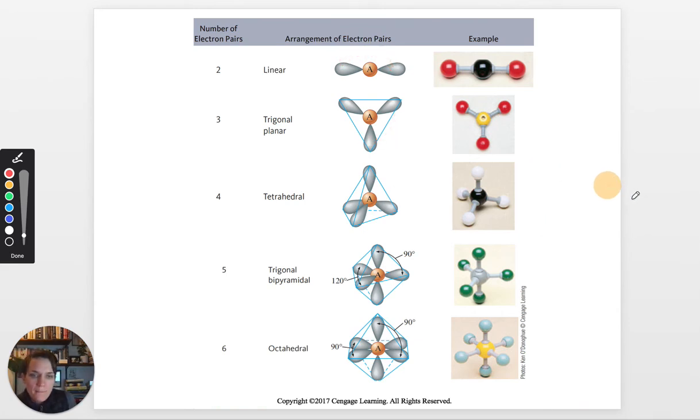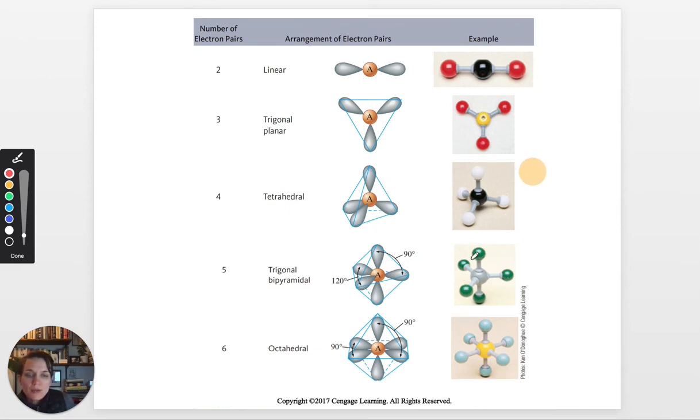So notice this is 2 things around it, 3 things, trigonal planar, 120 degrees, model, 4 things, tetrahedral, there's our model, this would be 109.5. Then we have trigonal bipyramidal, so notice I have 1, 2, 3, 4, 5 things around it.